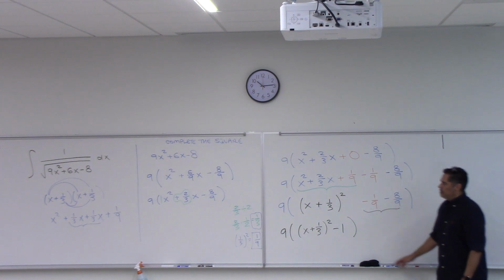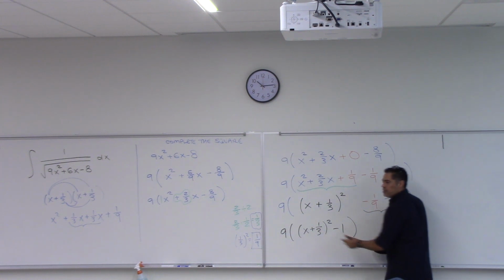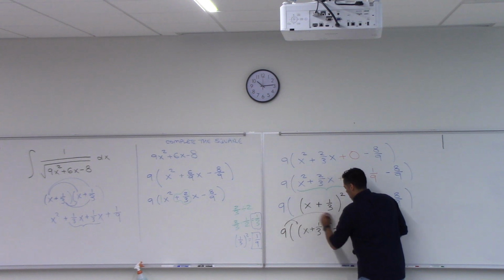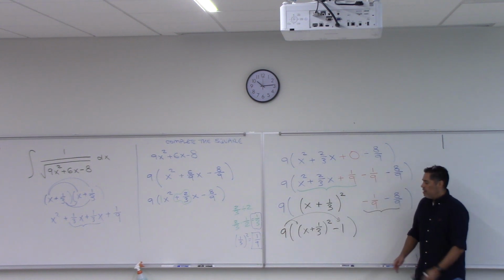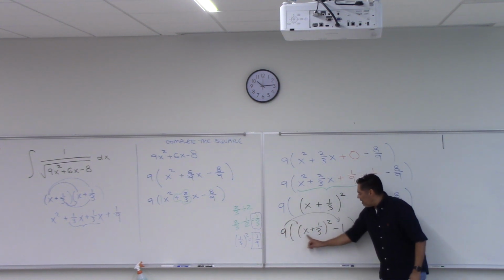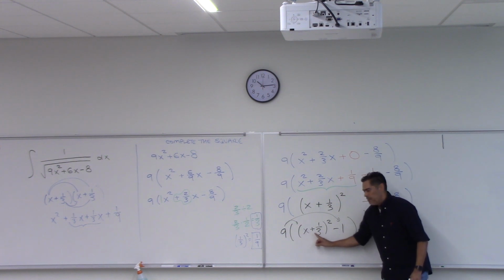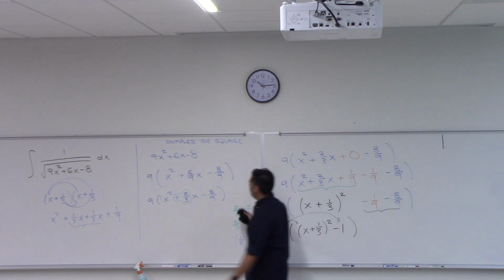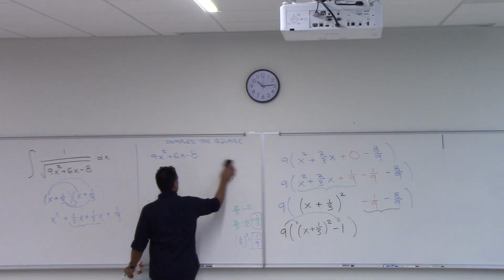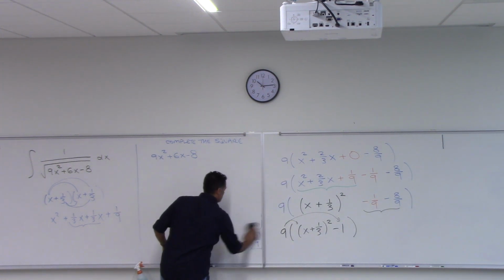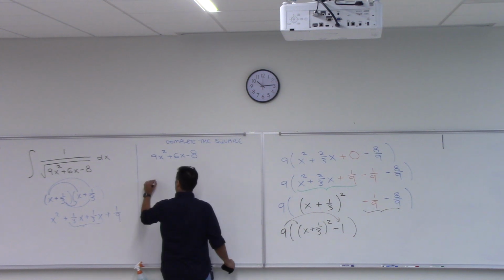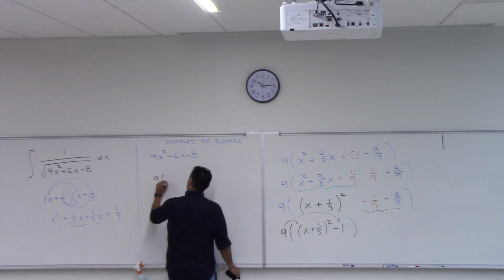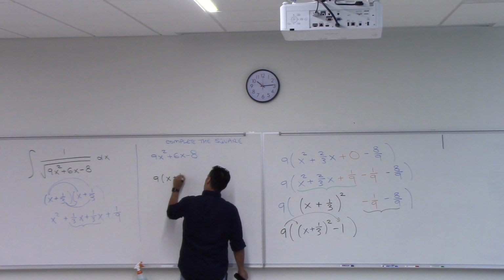One more step. I'm going to distribute the 9 through here and here to get rid of those parentheses. When I multiply the 9 through here, it cannot go into this parenthesis, right? Because you have a squared. So it's just going to sit out front. It'll be a 9 sitting in front of x plus 1/3 squared.